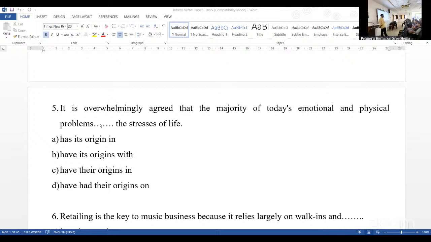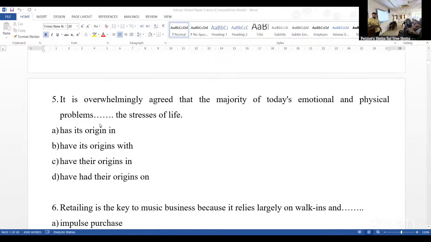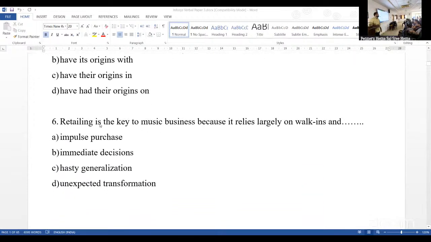Have had is which tense? Present perfect. Have is present tense. That is the V3 form of have. Next one. Do you all remember the present perfect, past tense concept? Okay, very good.